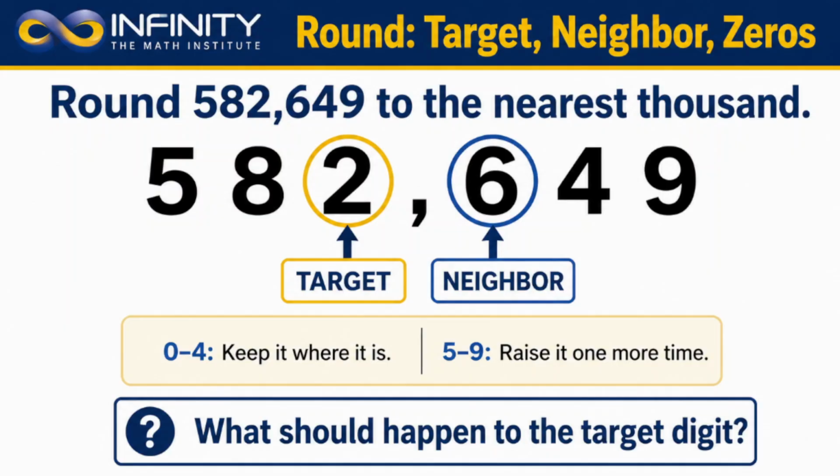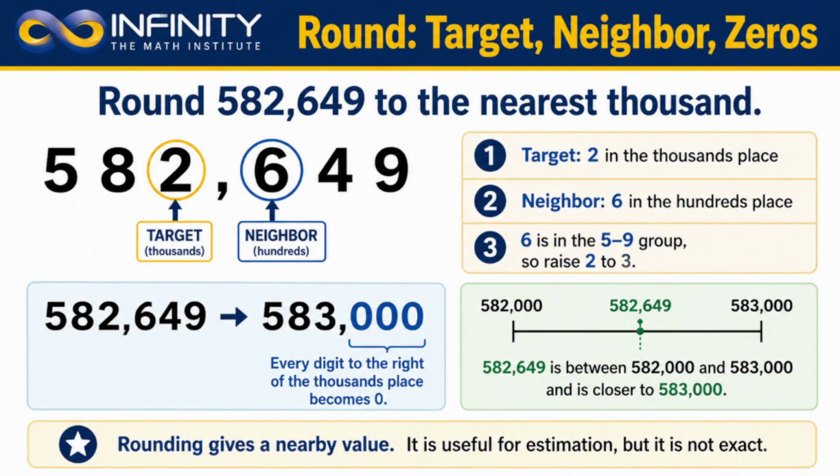So in this case, since the neighbor is 5 or greater, it's actually 6, we're going to round up. So this is going to become 583,000. And then every digit to the right of the place where you're rounding turns into zeros.